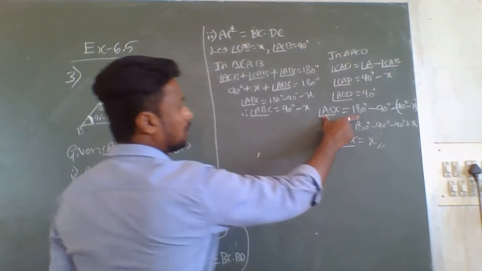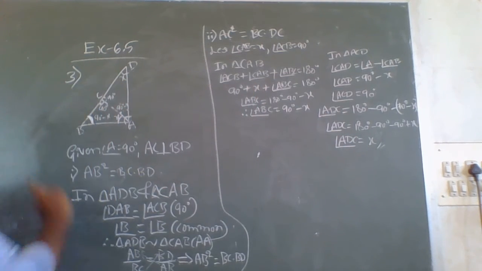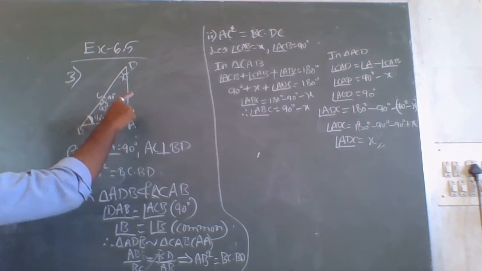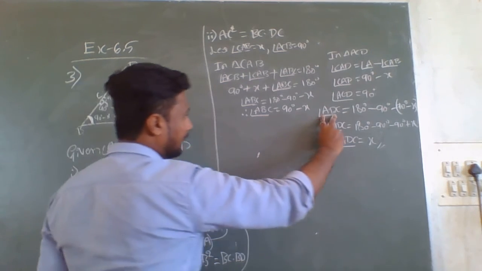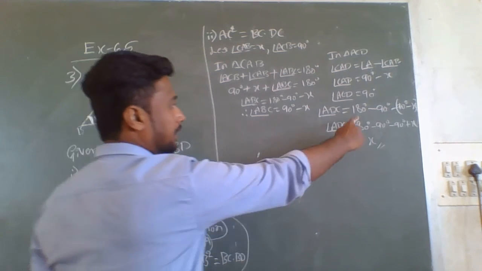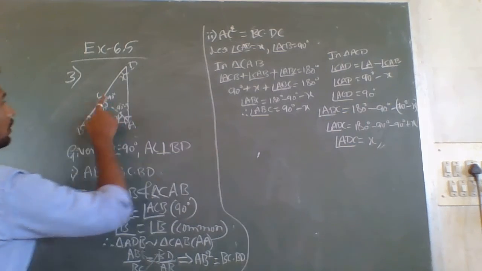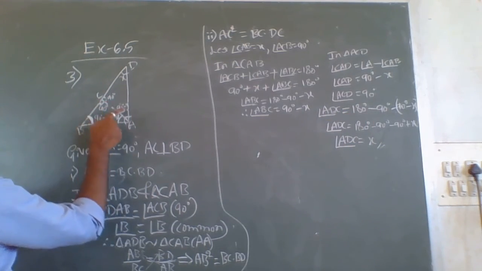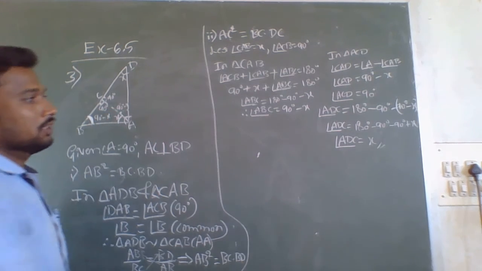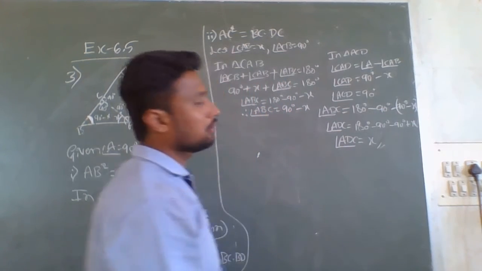See in this step, how did I calculate angle ADC? I wrote it directly. We know by the angle sum property that the angles of a triangle always add to 180 degrees. So angle ADC is 180 minus the other two angles, 90 degrees and 90 degrees minus x.